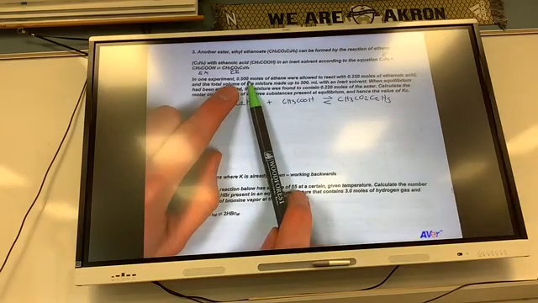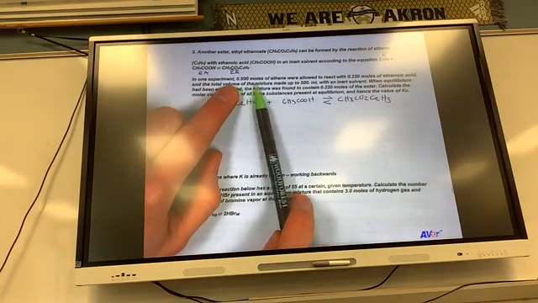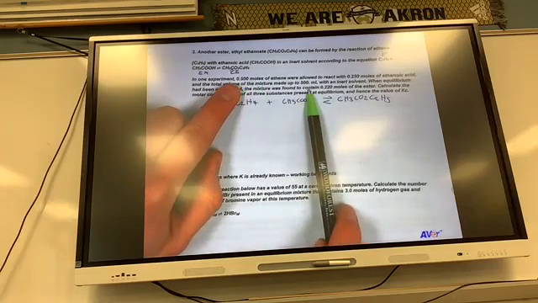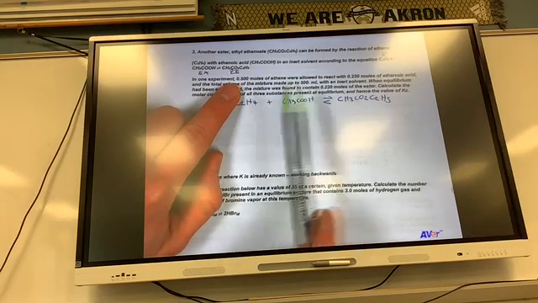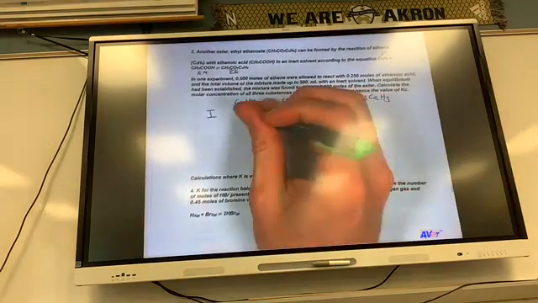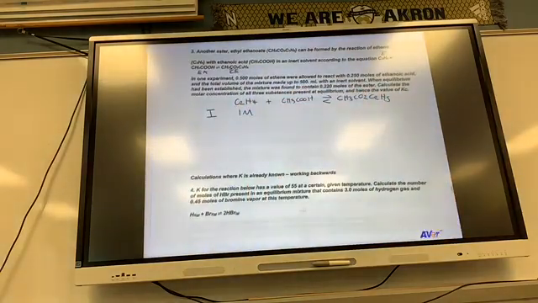Because I have 0.5 moles, and how many liters do I have? 500 milliliters, so 0.5 liters. 0.5 divided by 0.5 is 1 molar. Usually you don't just deal in moles, usually it's in concentration. So now there's an extra step here.